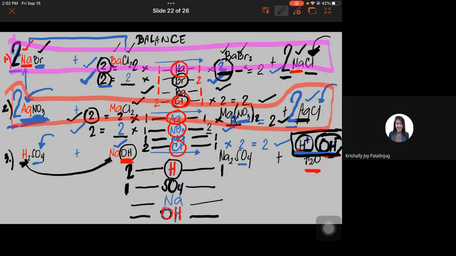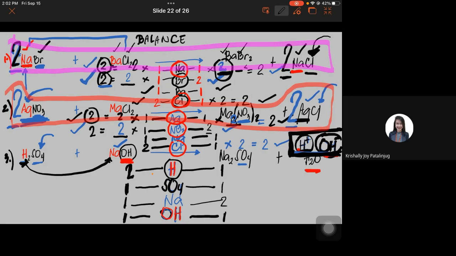It is not enclosed in a parenthesis. Therefore, there's only one polyatomic anion sulfate. Also, in the product side, there's only one SO4. And then sodium, 1 on the reactant, 2 on the product. Hydroxide, 1 on the reactant, then 1 on the product side. Again, this is the basis in counting.